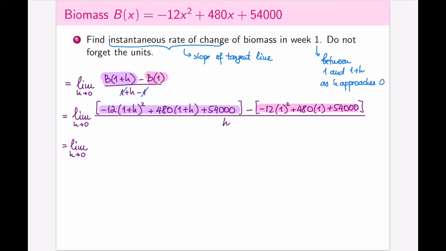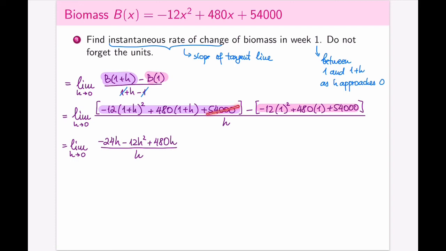Once you've opened all of this up and you would have canceled some of these things due to the similar terms in each bracket, what you should get is minus 24h minus 12h squared plus 480h. Okay, this is sort of like my semi-intermediate step there, once you just open the brackets and cancel the obvious things out.